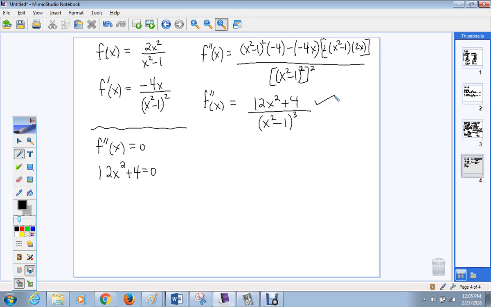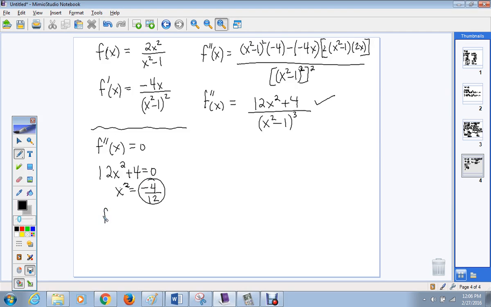And then if we tried to solve this, can you see that if we subtract 4 and then divide by positive 12, we can't take the square root of a negative number and get a real number. So this is not going to give us any possible points of inflection.